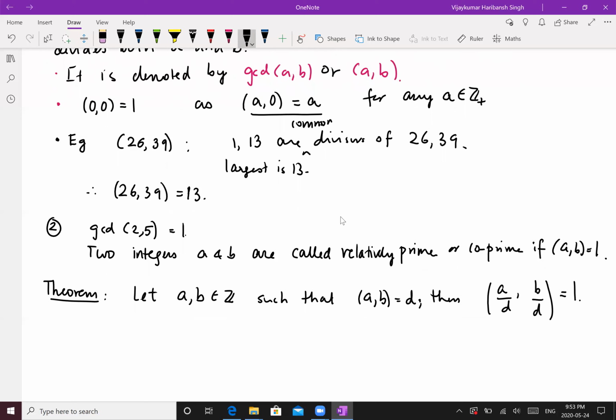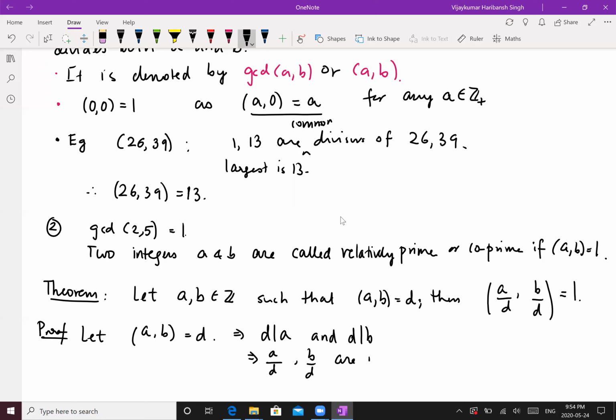So the proof starts as follows. Let GCD of A and B equal D. This implies D divides A and D divides B, which implies A by D and B by D are integers.